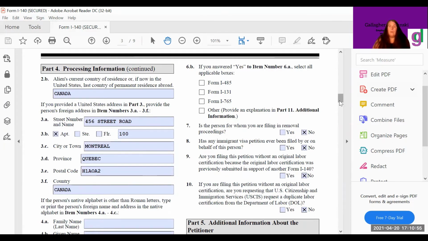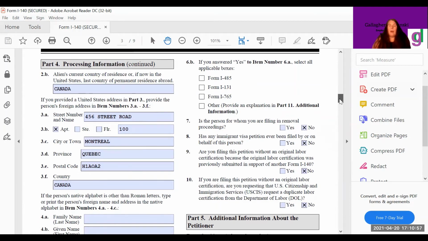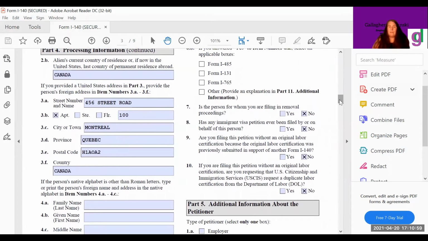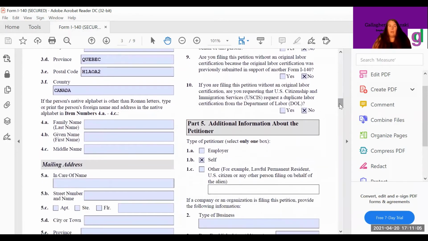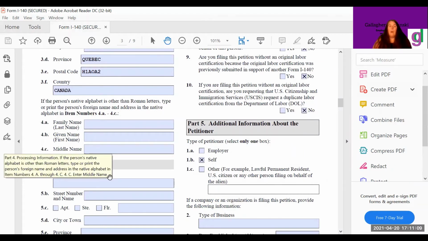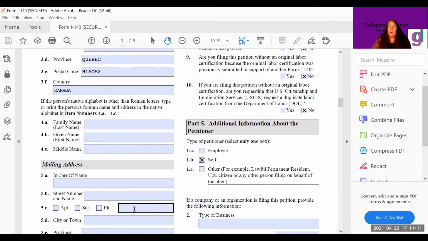Now, if you have an alphabet that is not Roman letters, then you would rewrite your last name, first name, middle name, and the foreign address again in your native alphabet. Otherwise, if your alphabet is Roman letters, then you can just leave this blank.